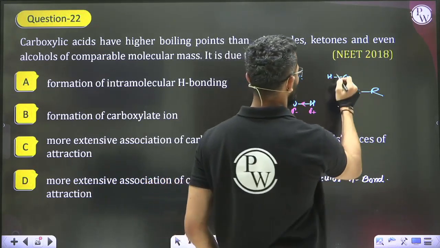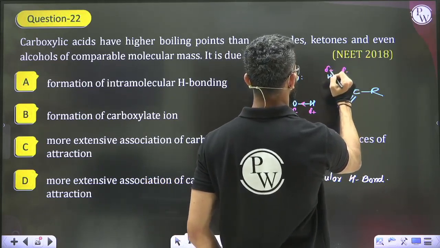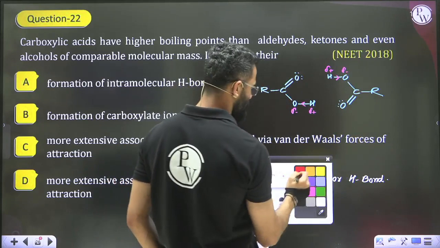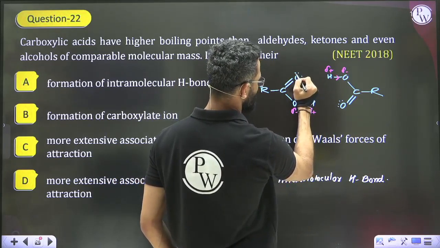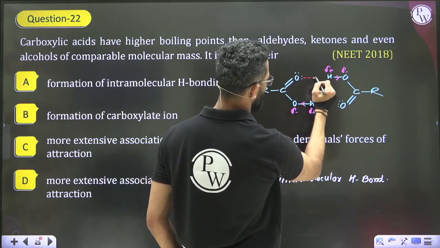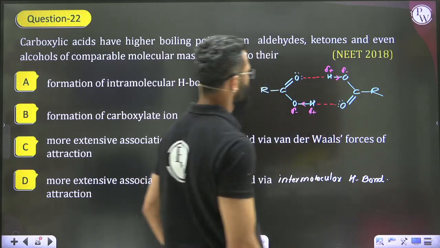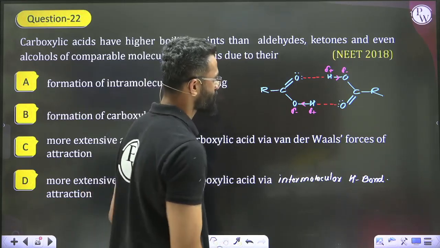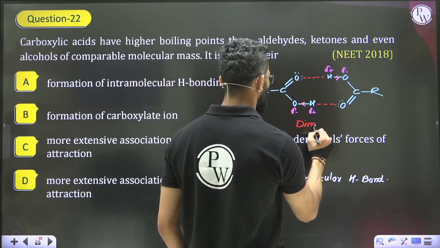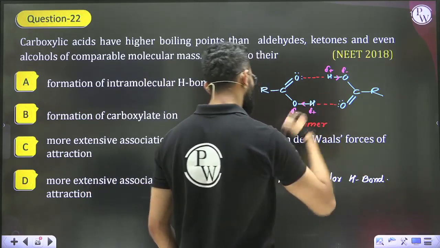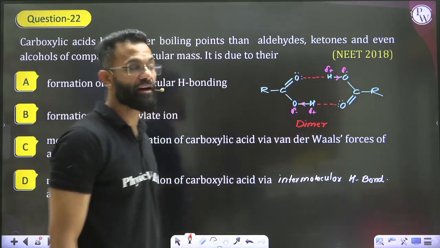In the second molecule across the oxygen hydrogen bond, oxygen carries delta minus and hydrogen carries delta plus charge. So such a deficient hydrogen atom, when it comes in the vicinity of oxygen carrying at least one lone pair, forms intermolecular hydrogen bond. So due to intermolecular hydrogen bonding, this molecule of carboxylic acid is existing as a dimer. As a result of dimer formation, its boiling point is going to be very high.